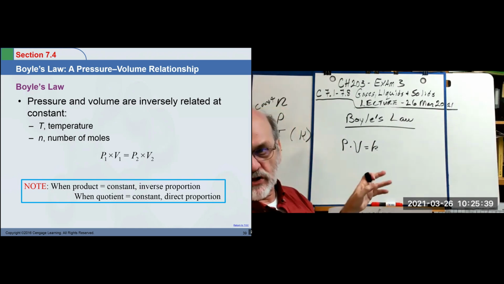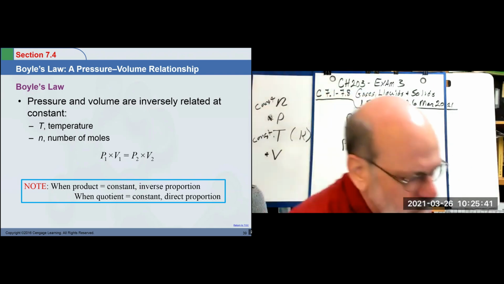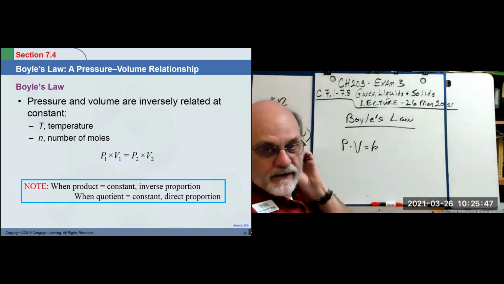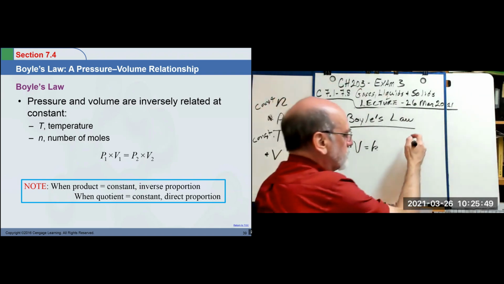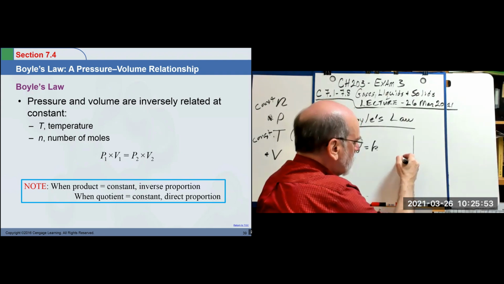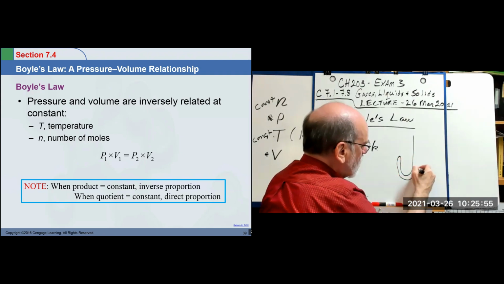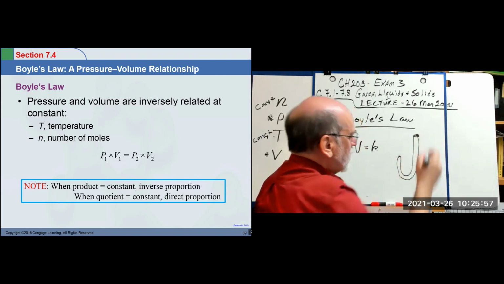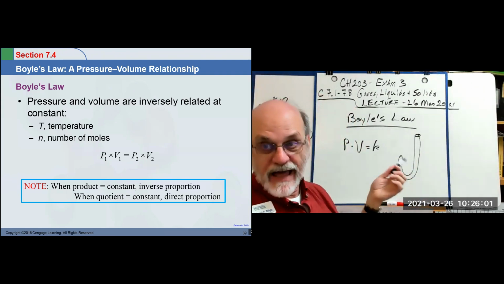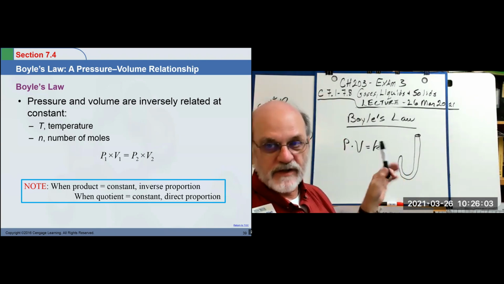Boyle did it with a J tube. It's not in the slide, so I'll draw a picture. What he used was a tube like this. And remember, glass tubing of uniform diameter was easy to make.